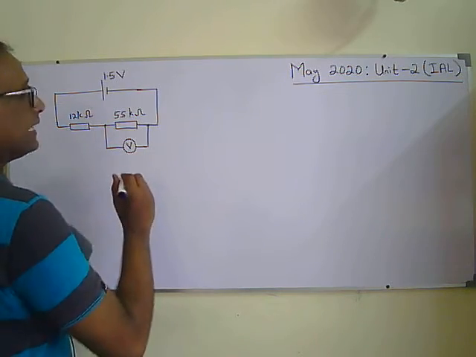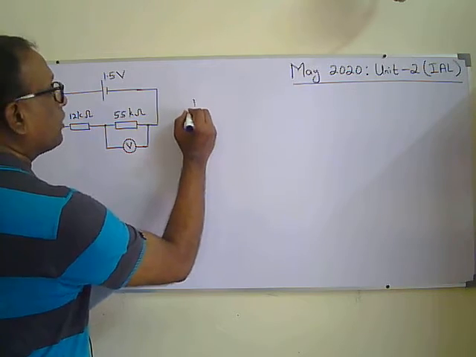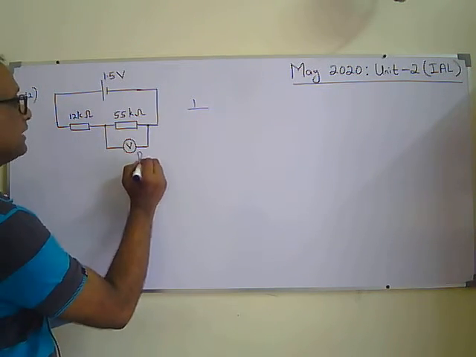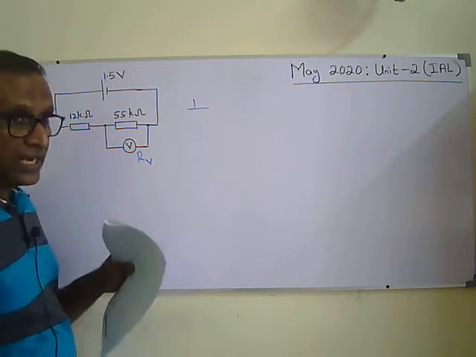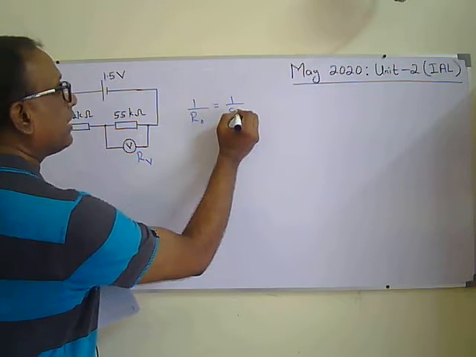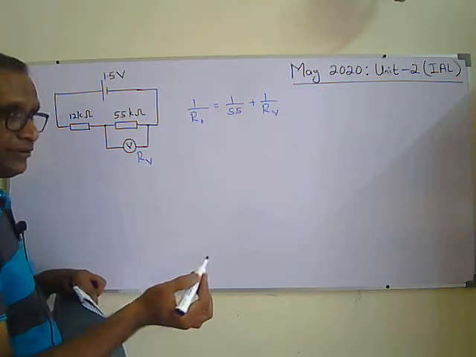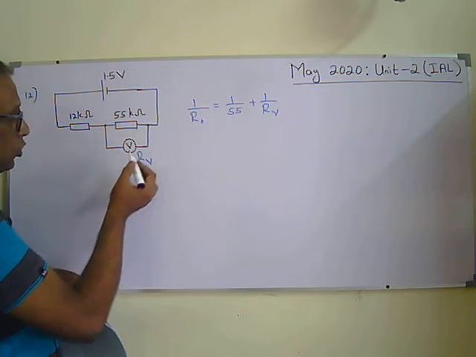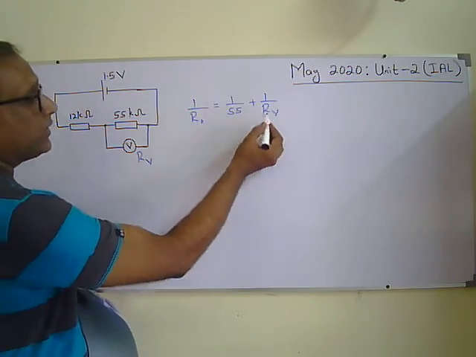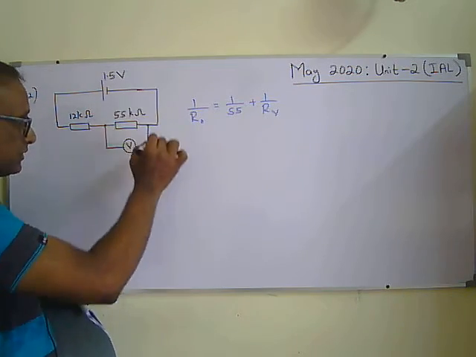Say for example, if the internal resistance of the voltmeter is RV, then after I connect the voltmeter, 1 over R naught equals 1 over 55 kilo ohm plus 1 over RV. That's going to be the equivalent resistance of 55 kilo ohm and the internal resistance of the voltmeter.